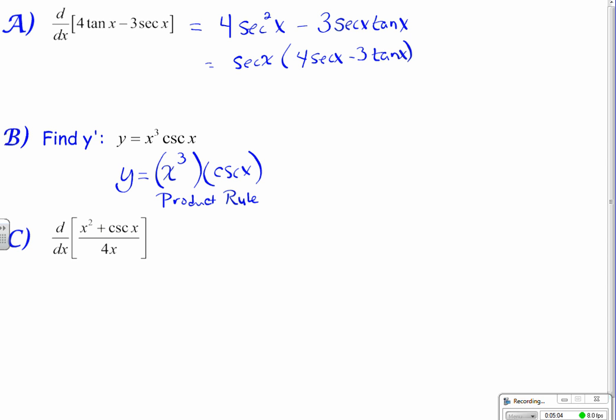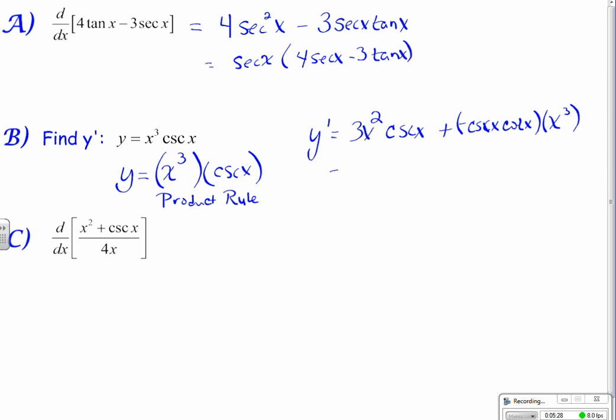So product rule on this. That'll give us y prime equals derivative of the first times the second added with derivative of the second. Now, the derivative of cosecant x is a negative cosecant x cotan x multiplied by the first function, which is x cubed.